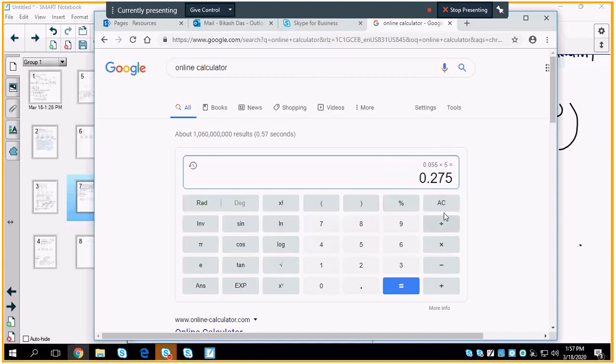So now I will say e to the power 0.275 and multiply this number by 10,000 and round it to 2 decimal places. Again, the third decimal place is 6, more than 5, so add 1 to the previous decimal place. Your answer will be $13,165.31.